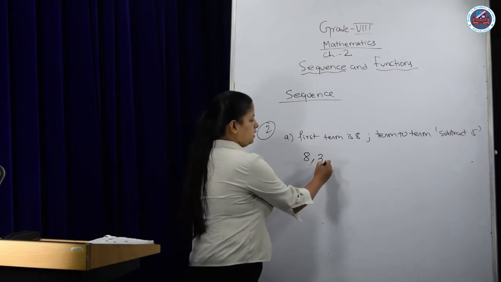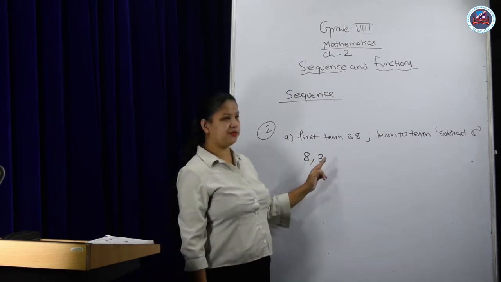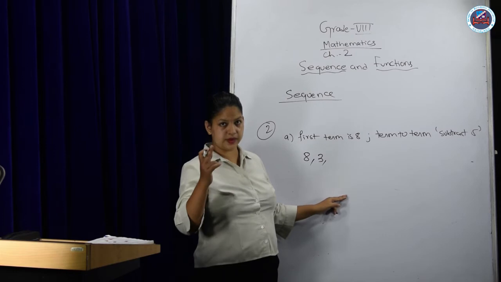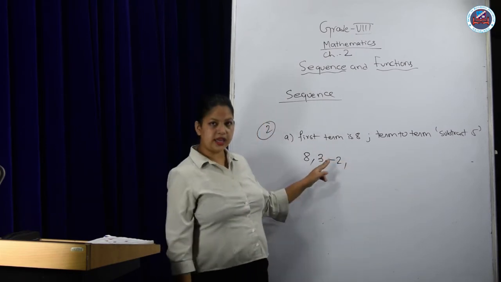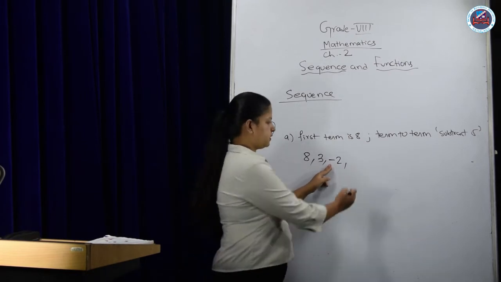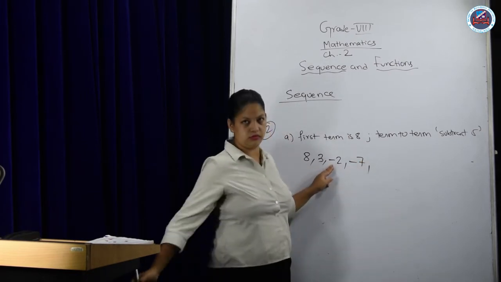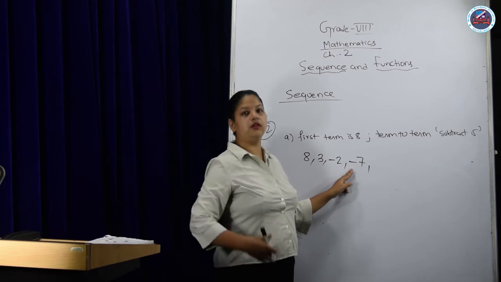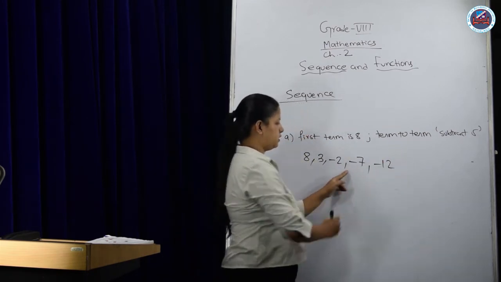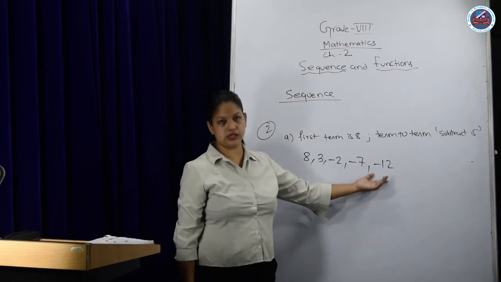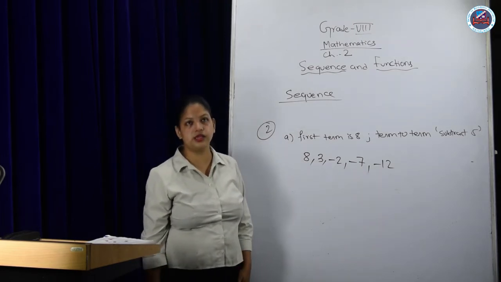Again the third will be 3 minus 5. Plus minus minus, the greater is 5, and 5 minus 3 is 2, so minus 2. Again minus 2 minus 5, minus minus, but you'll add them, minus 7. Again minus 7 minus 5, 7 plus 5, 12, so minus 12. So 1, 2, 3, 4, like this 4 terms have been generated.